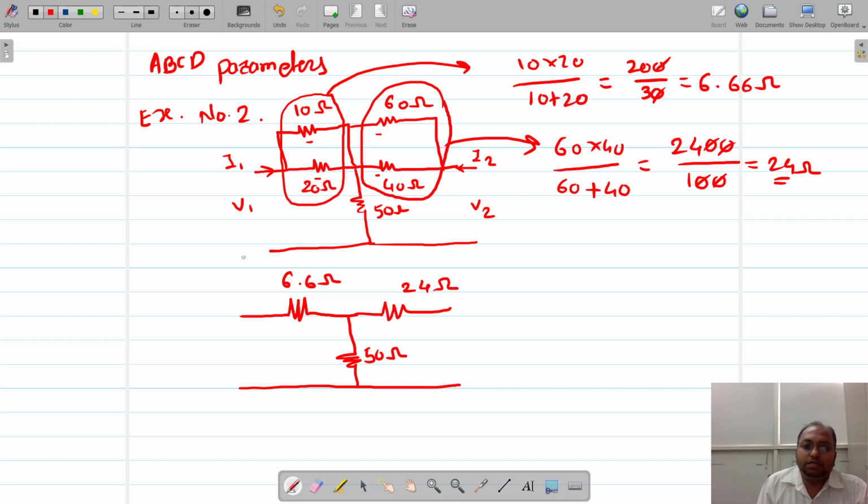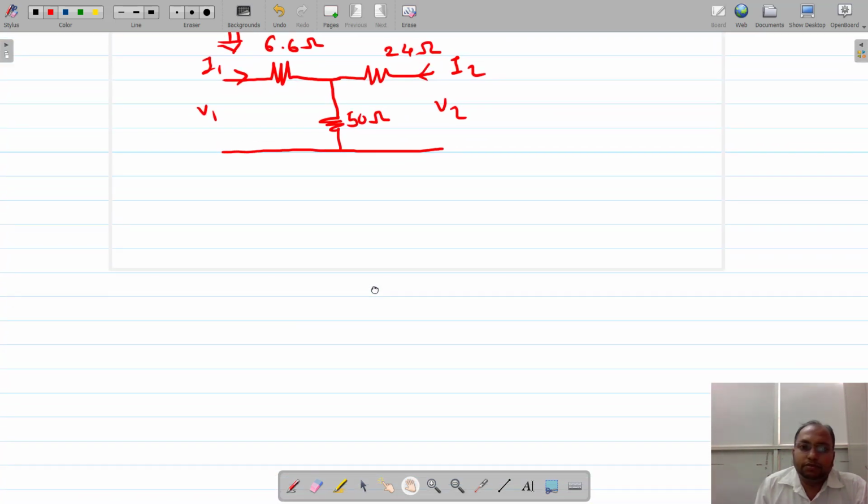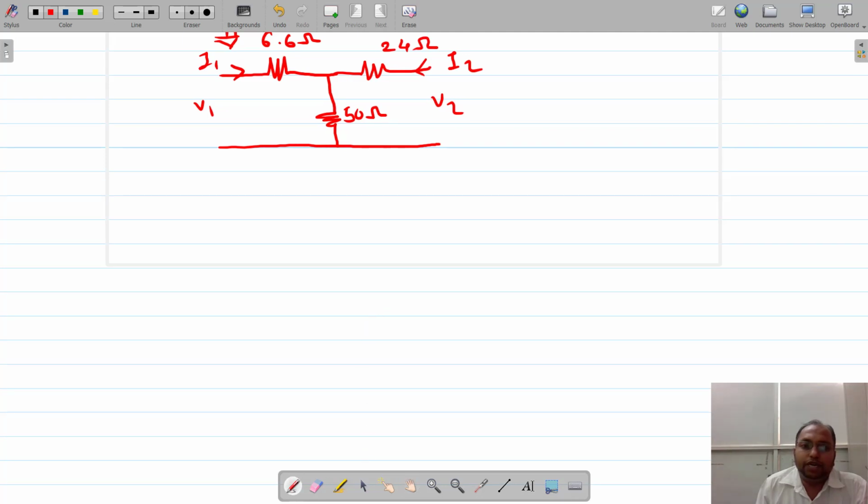So this is nothing but our simplified circuit of the above figure, right? Now let us go for applying and finding out the ABCD parameters. So this is our circuit to which we are going to apply ABCD parameters and we'll find out the values for that ABCD.